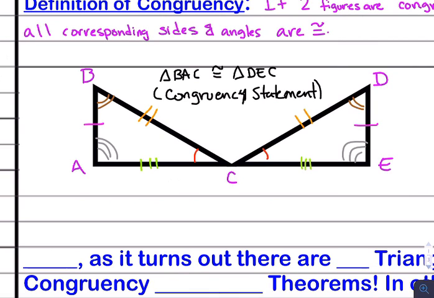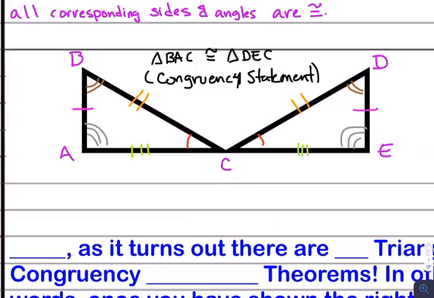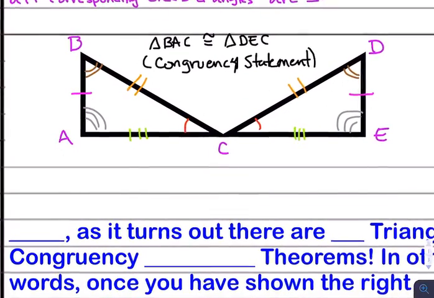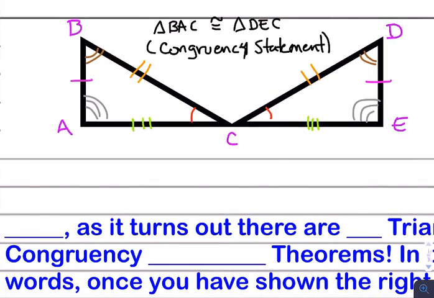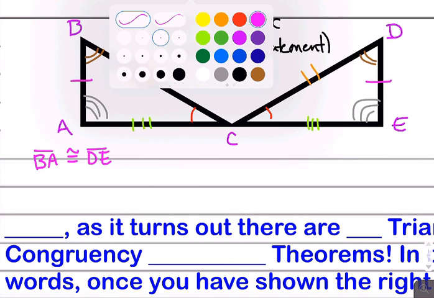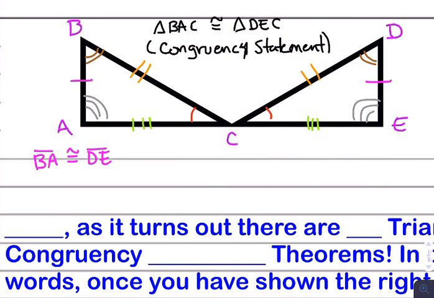All right? And so if we're going to prove BAC is congruent to DEC, the diagram reflects all the information we have to show, but we can also write that out. So if we're going to make a list of all the things we'd have to prove to be true, the first thing we'd have to prove is that BA is congruent to DE, and so the left and right hand sides are corresponding and congruent. We'd also have to prove that segment AC is congruent to segment CE.